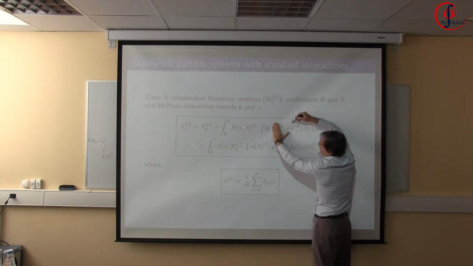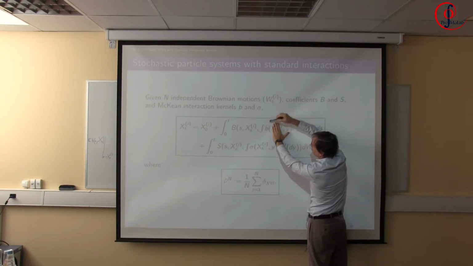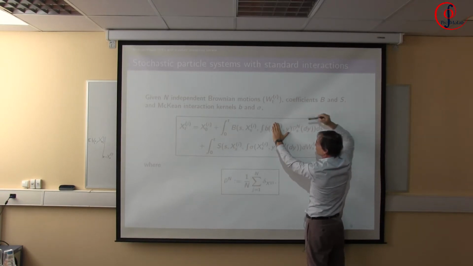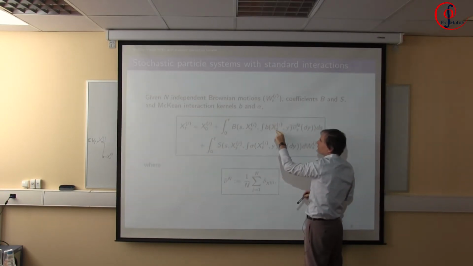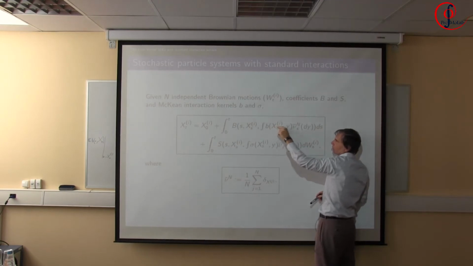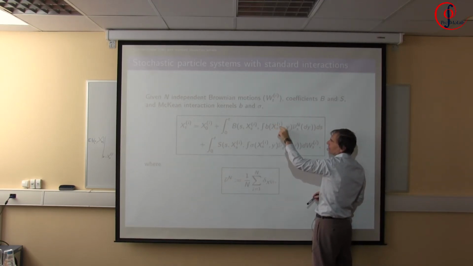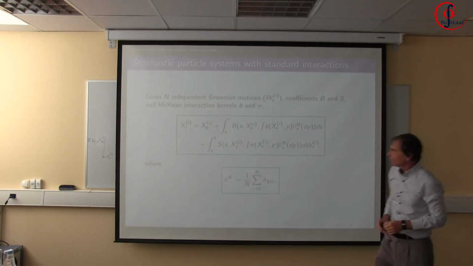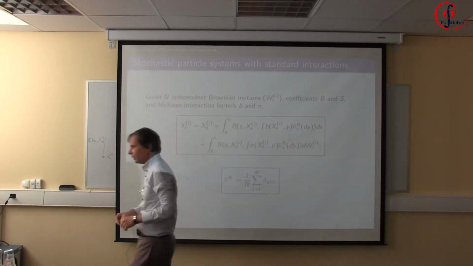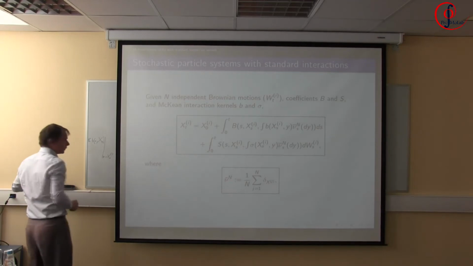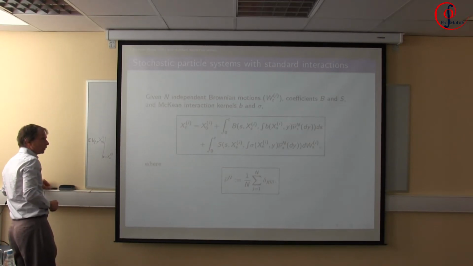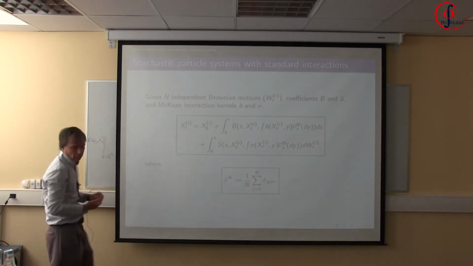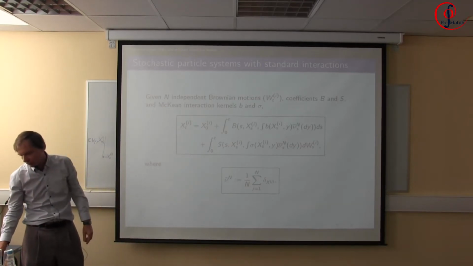So from the strong law of large numbers, this should be the expectation of B of script X, XS. And now I substitute the value capital XSI to script X. So that should be the natural candidate to identify the possible limit of this particle system.